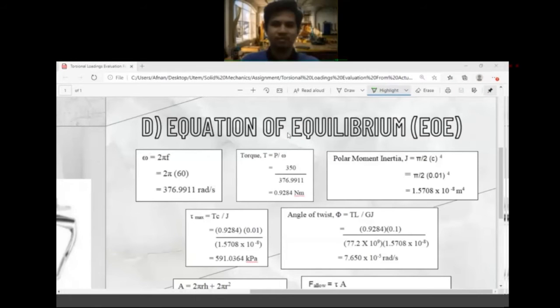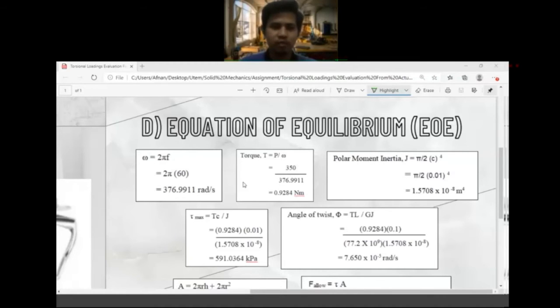Okay, thank you Muhammad Lokman. Now I will explain about the calculation. Firstly, we need to find omega by using the formula 2 pi f, and the value is 376.9911 radians per second.